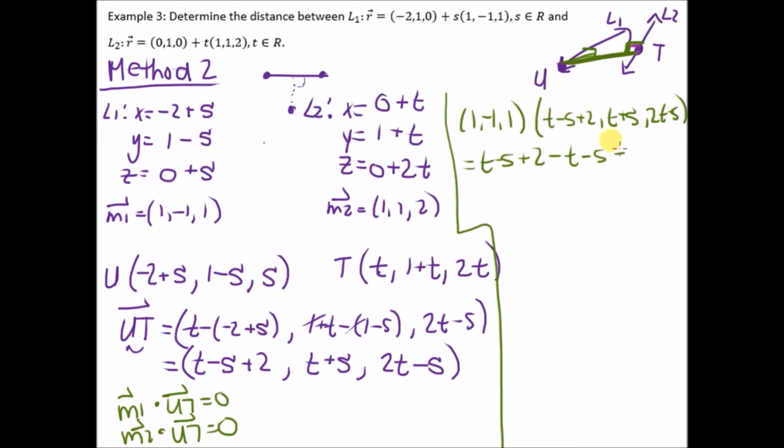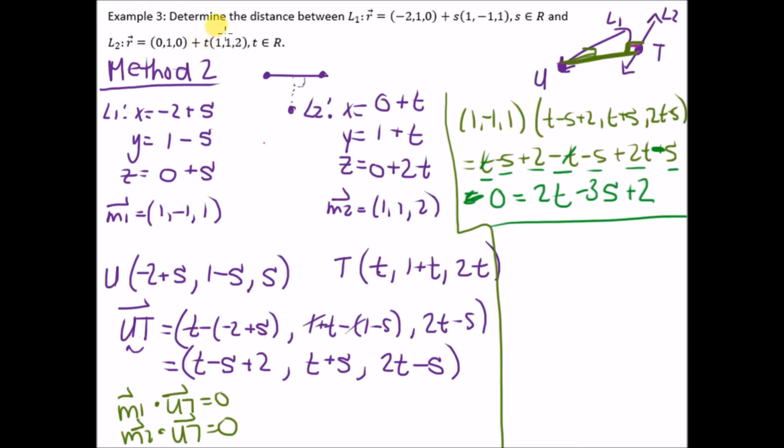Then we're going to just add the last one, 2t plus s. Okay, so let's just collect like terms. I get t minus t, those cancel out, so I just get 2t. So say 0 equals 2t. I get minus s minus s. Oh, and then this is minus s. Okay, minus 3s. And then plus 2.